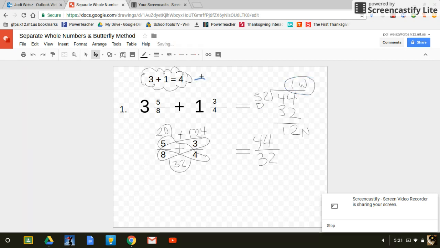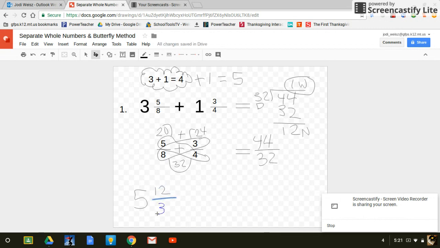So 4 plus 1 now, of course, is going to equal 5. So I am going to make sure that I have 5 as my whole number. And now I can write that down here again, 5. And then I'm going to have 12 as my numerator over my denominator of 32.